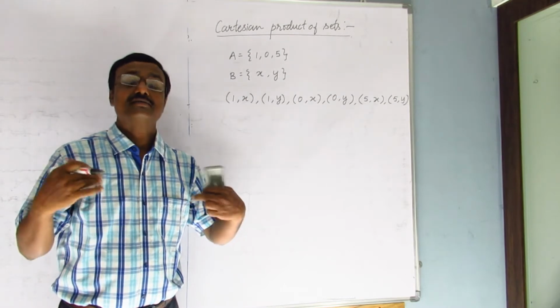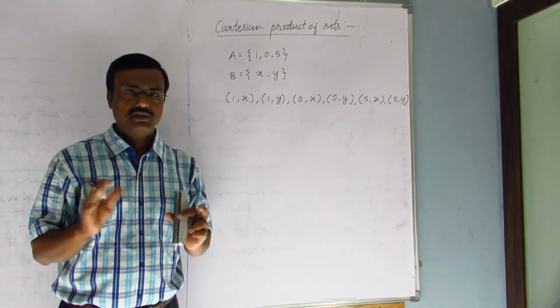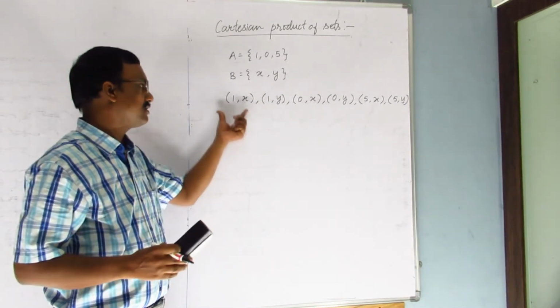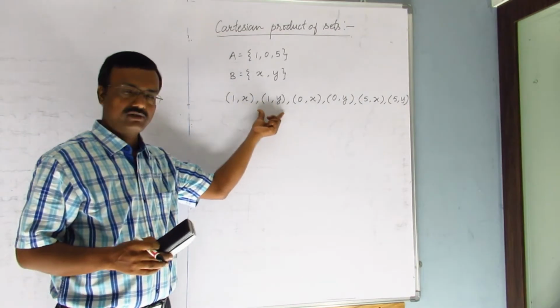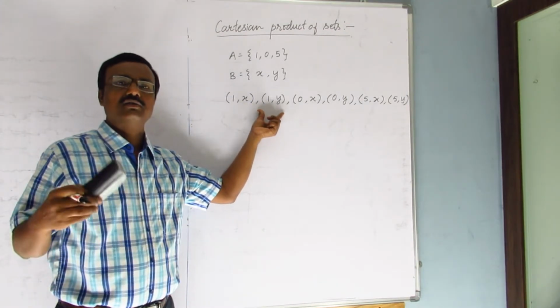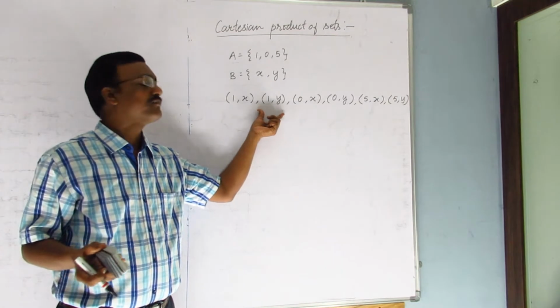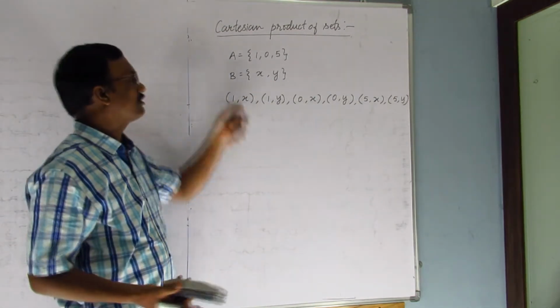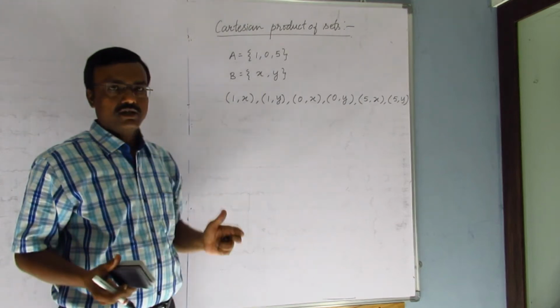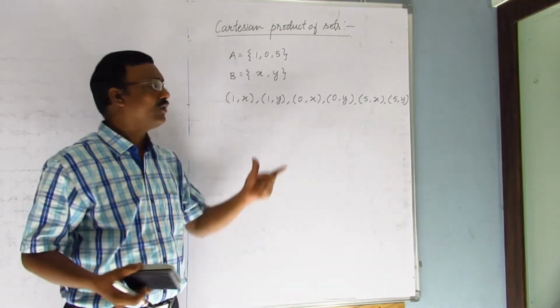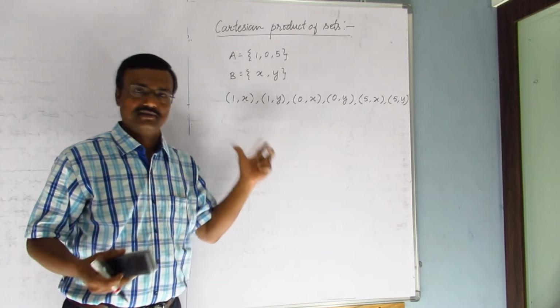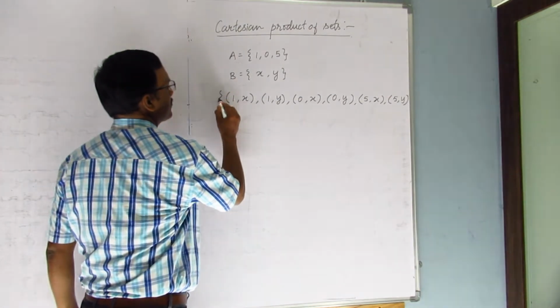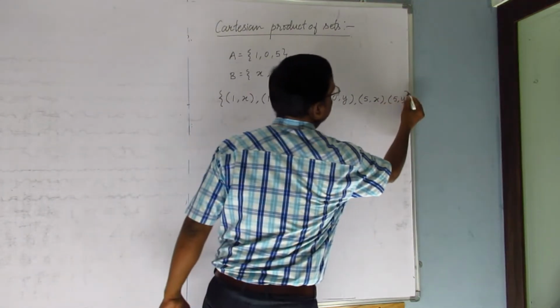Then if we make a set out of it, an ordered pair is not a set. This is a single ordered pair, this is another ordered pair. Ordered pairs have single identities. So this is the collection of all the possible ordered pairs out of the set A and set B. Now if I make a set of all possible ordered pairs like this, for a set we put brackets like this.